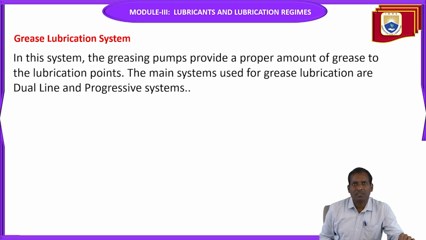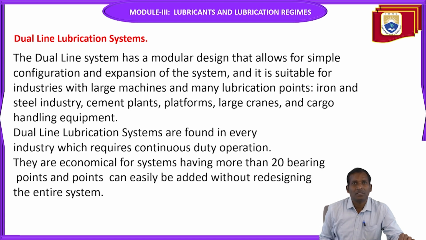Next, a grease lubrication system. In this system, greasing pumps provide a proper amount of grease to lubrication points. The main systems used for grease lubrication are dual line and progressive systems. Next, dual line lubrication systems. The dual line system has a modular design that allows for simple configuration and expansion of the system.